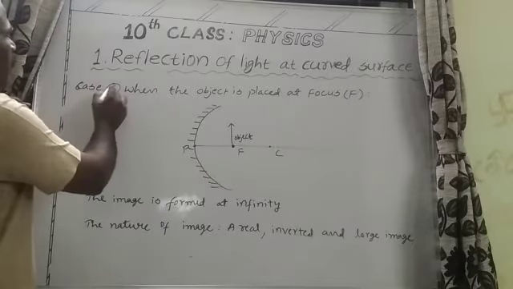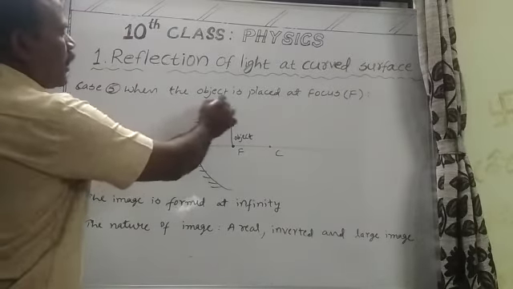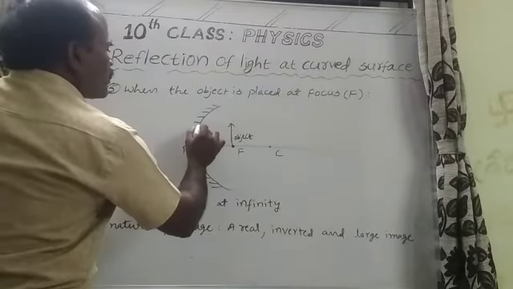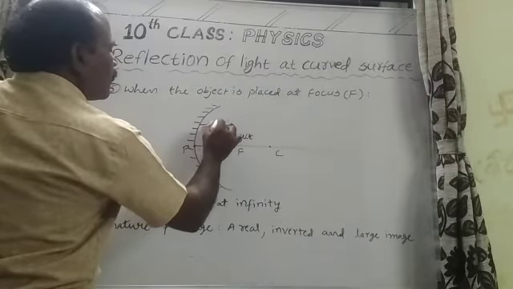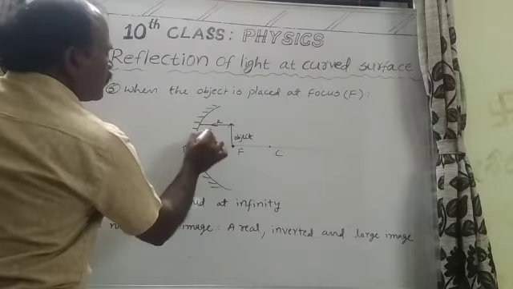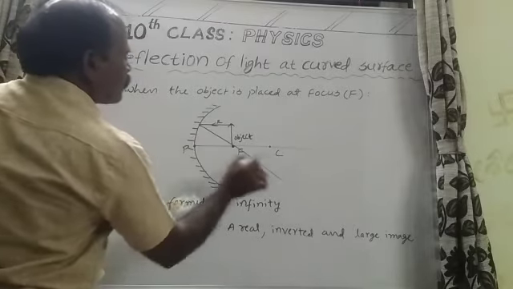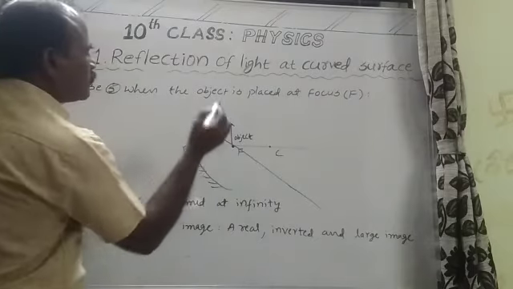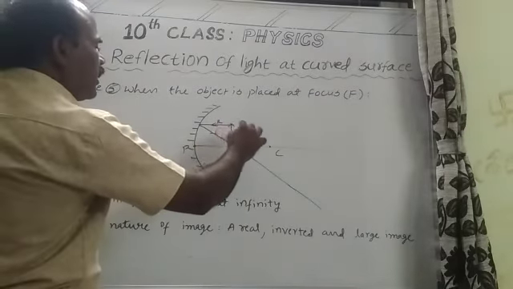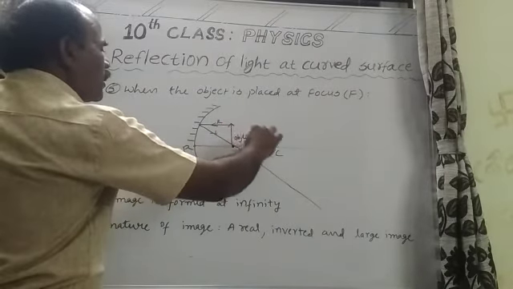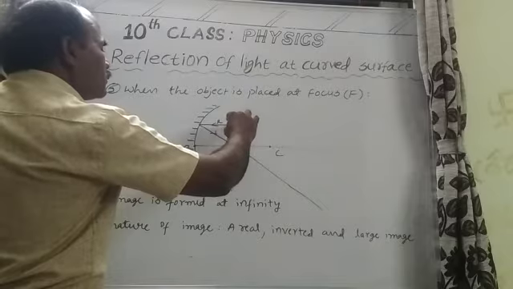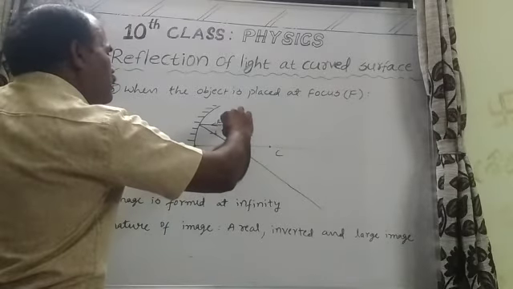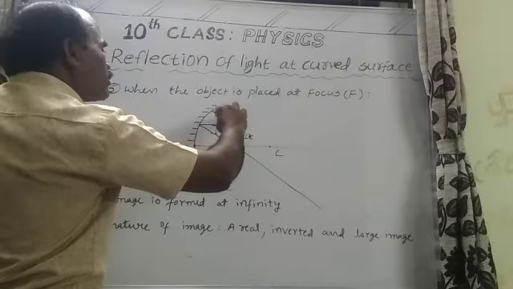Case 5. When the object is placed at focus, first the R1 ray strikes the mirror, then the reflected ray passes through the focus. Second ray seems to be passing through the center of the curvature.